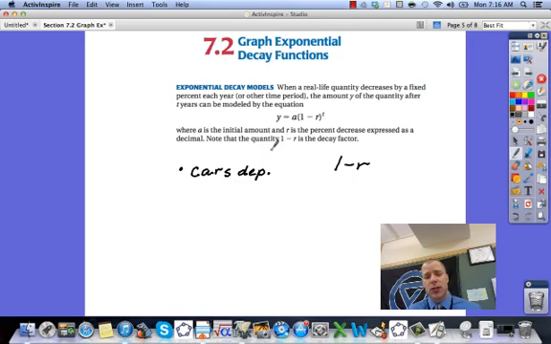Over time your car just doesn't hold its value. That's a really good example to show this, not a growth rate, but a decay rate. A is again the initial amount. R is the rate, the percent decrease. How much are you losing? And t is still time. We call 1 minus r the decay factor. So in the next video, we're going to look at that.